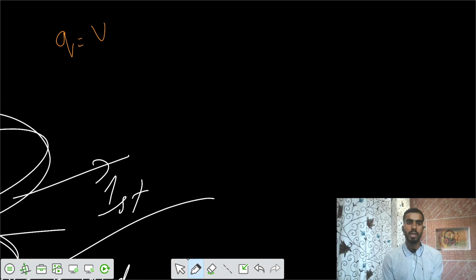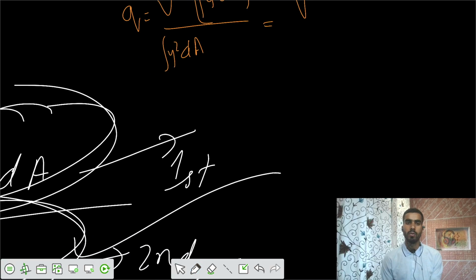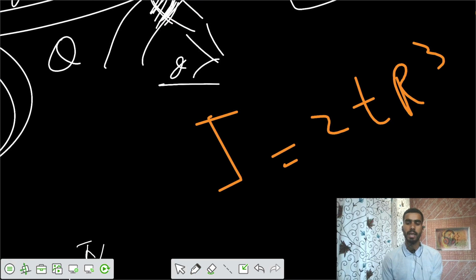Q equals V times integral of y dA divided by integral of y square dA, and this is your values. So we can write it equals V times your value of y dA. What's the value of y dA?